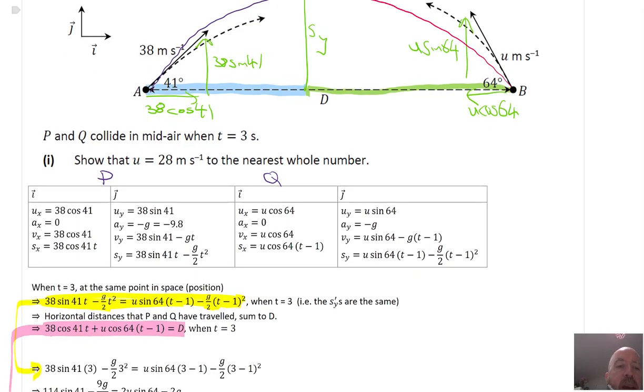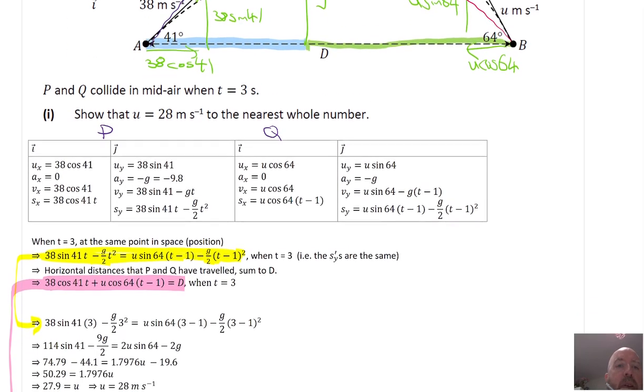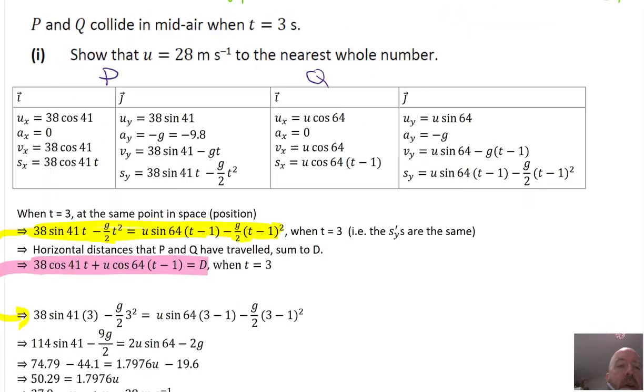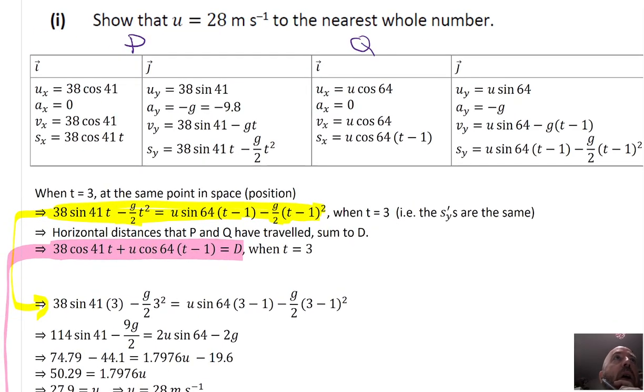So what you say is, you get 5 marks for stating that they are in the same position.